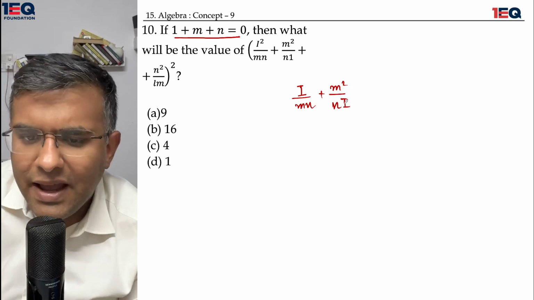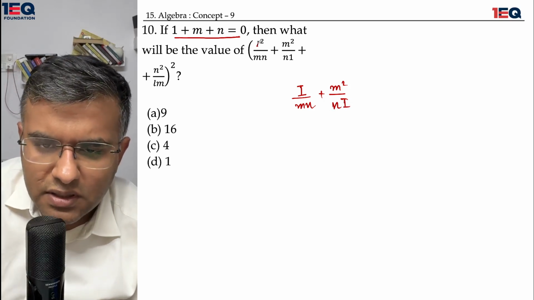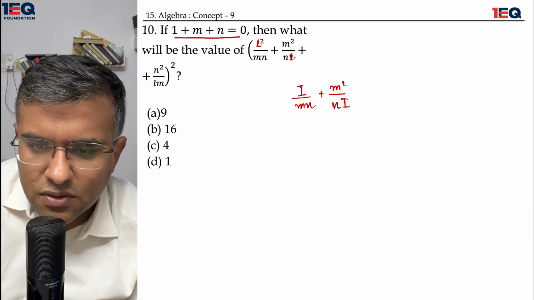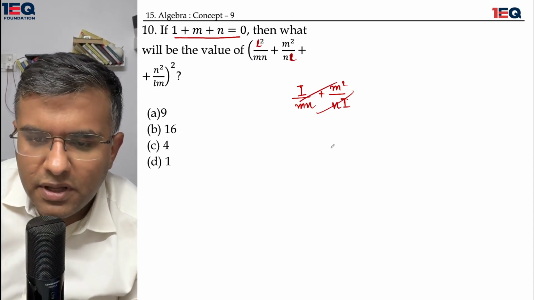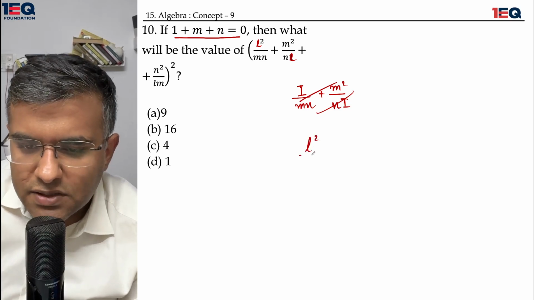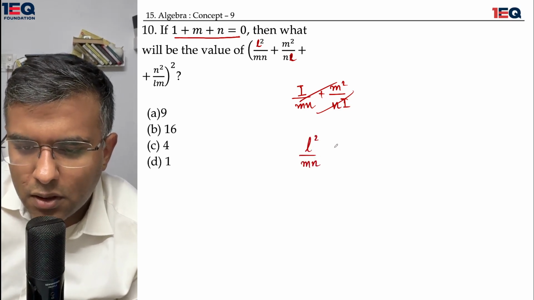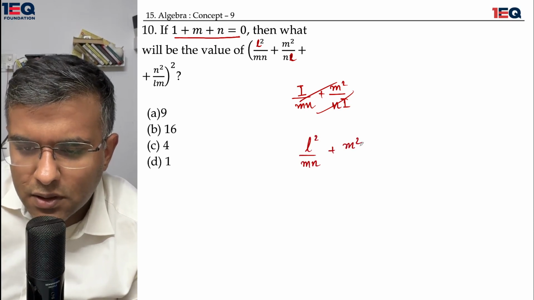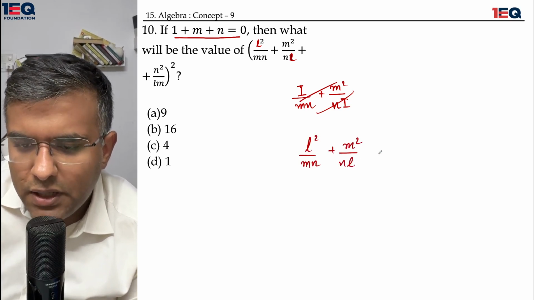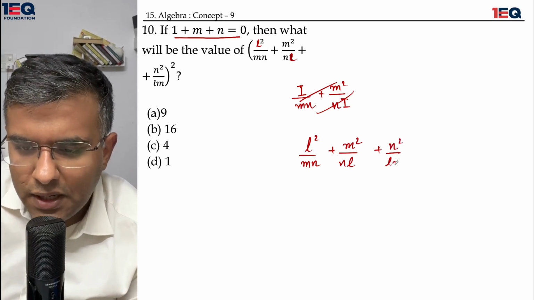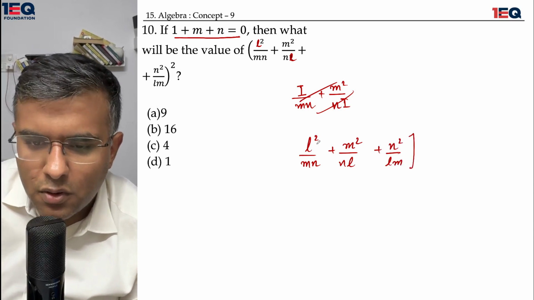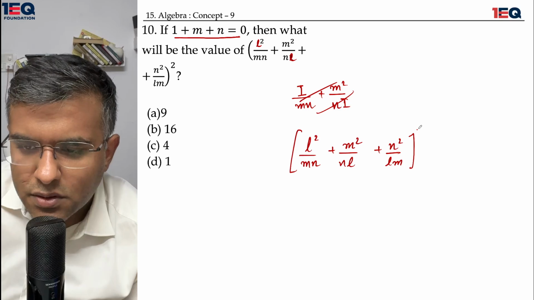No, this isn't I, this is L. Let me rearrange it for you. (l square upon mn plus m square upon nl plus n square upon lm) whole square.